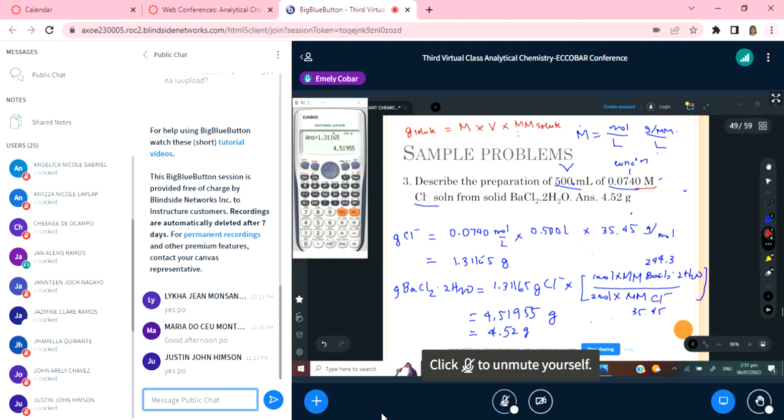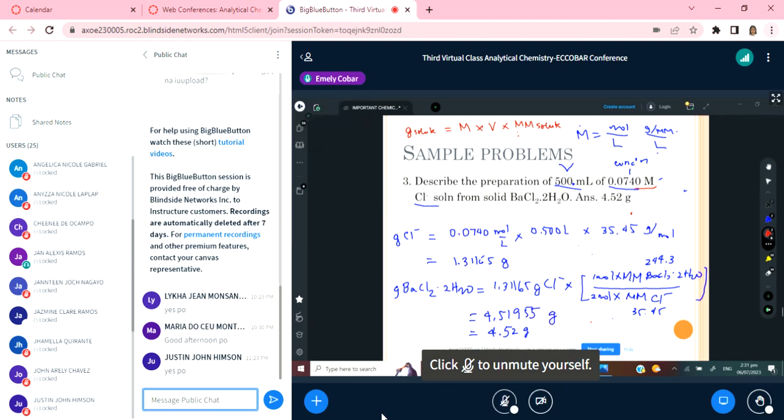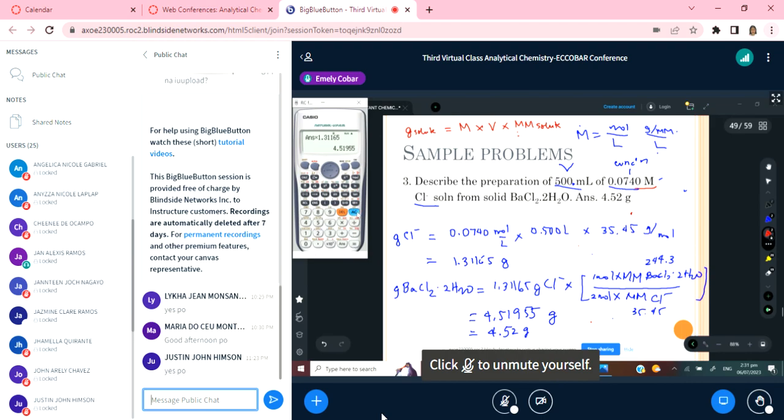It's possible, class. Your barium chloride dihydrate is 4.52 grams, our solute. So 4.52 divided by the molar mass of barium chloride dihydrate, which is 244.3, gives the number of moles of barium chloride dihydrate.